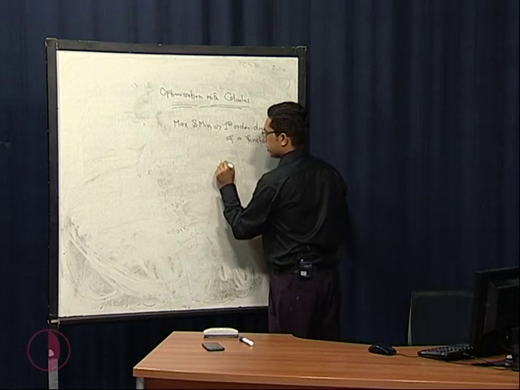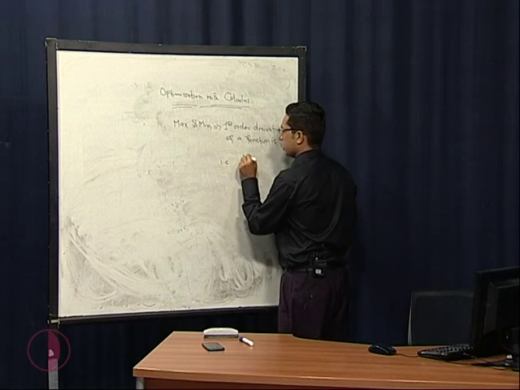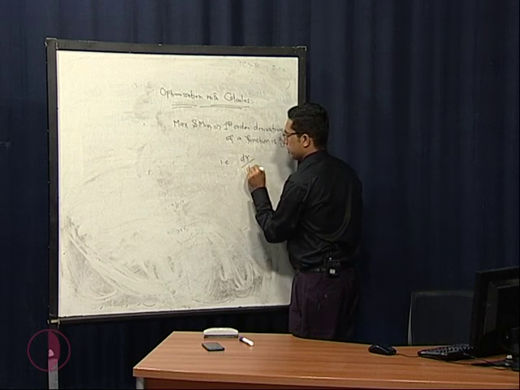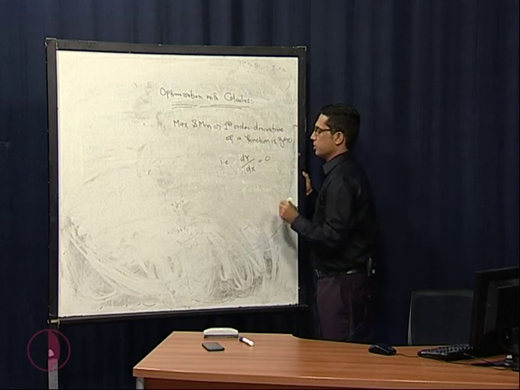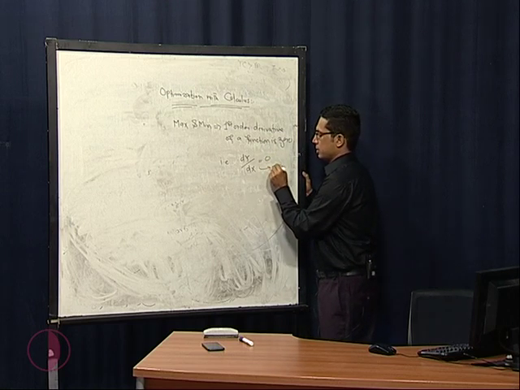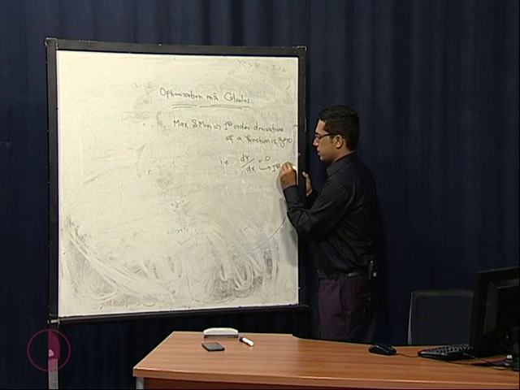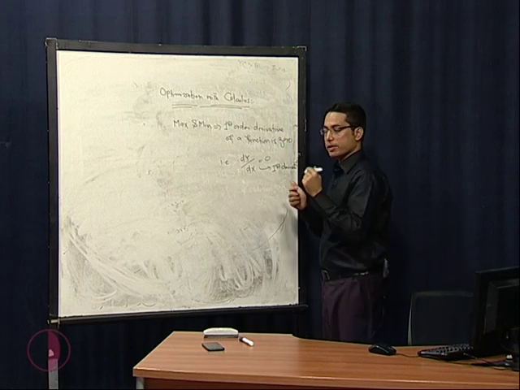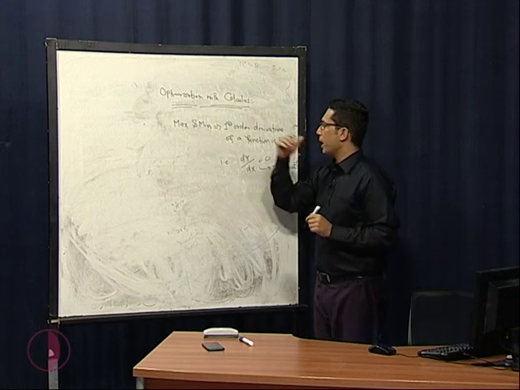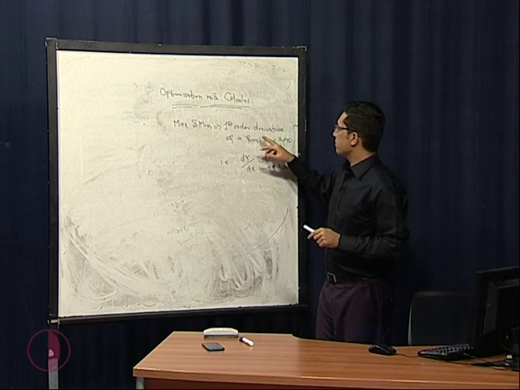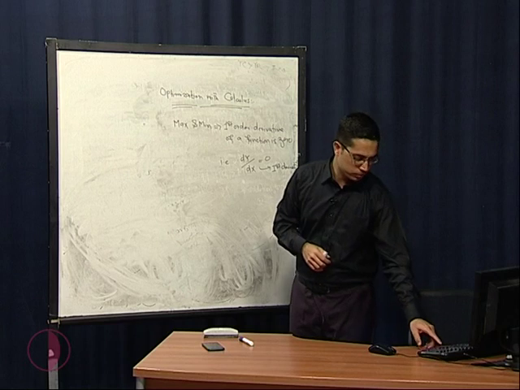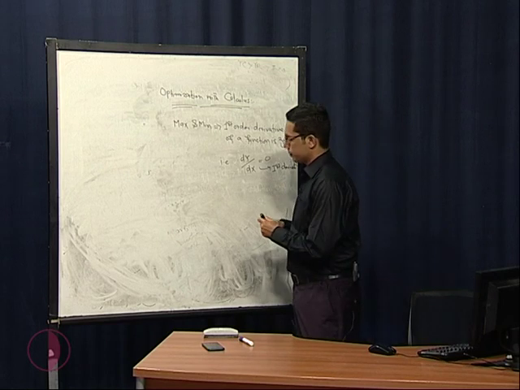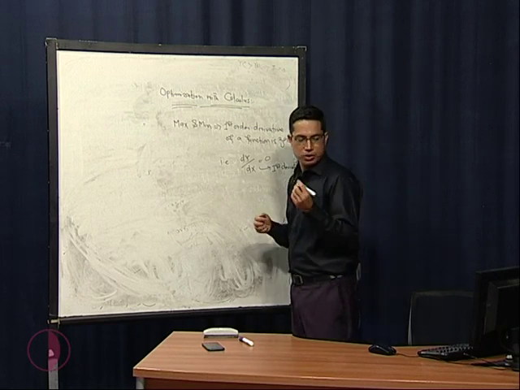For example, dy by dx must be 0. This is called the first order derivative. For a maximum or minimum point, the first derivative of a function must be 0. For example, we have a function total revenue.